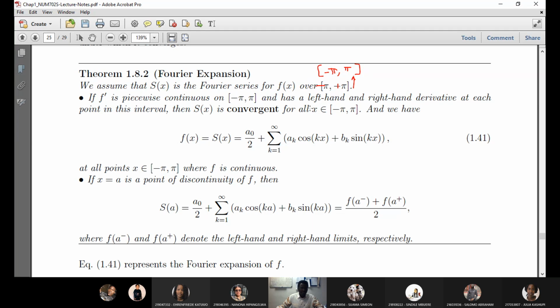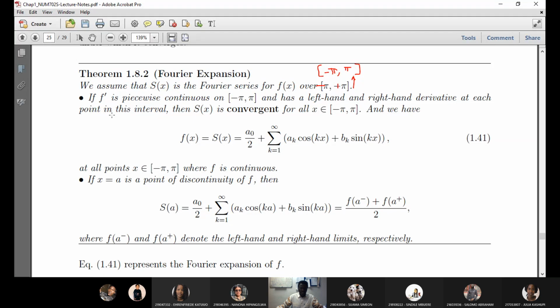It will converge towards f of x. So now you can see that f of x and S of x will be equal, and it gives us what we call the Fourier expansion of the function f of x. So it will converge to f of x when this condition is true.